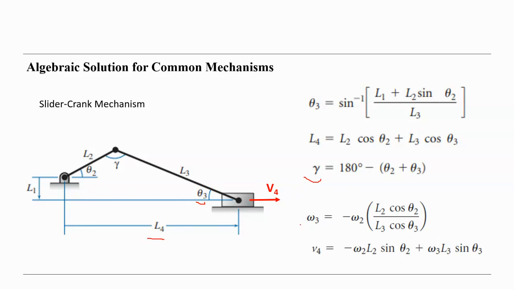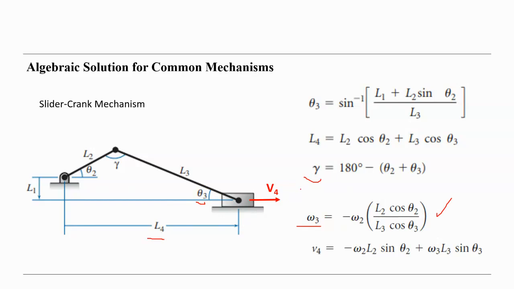The first time derivative of theta 3 gives us the omega 3. This is the angular velocity regarding theta 3, and this is the value here.